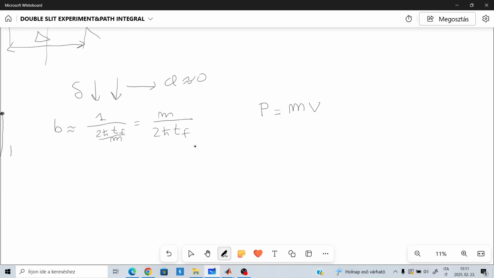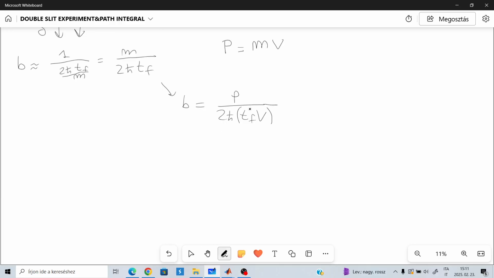So we can rewrite b in terms of momentum, because we have the mass here, which is equal to P divided by m. So we have P divided by 2h bar Tf multiplied by V. And let me put these two together. So what is Tf times V? So V is the velocity of the particle, and Tf, as I said, is the time taken by the particle to reach the screen beyond the plate with the two slits.